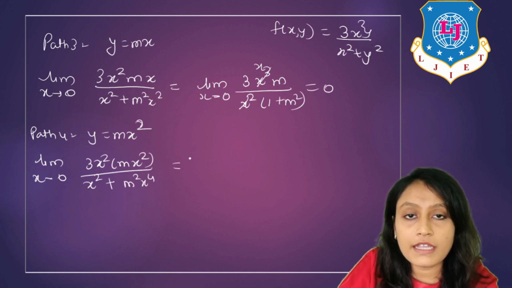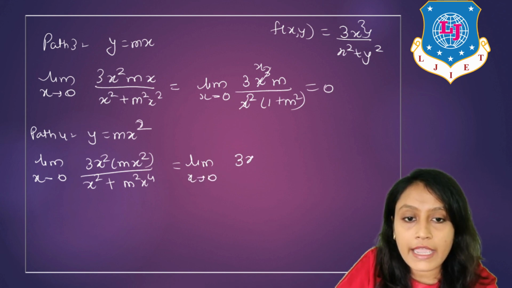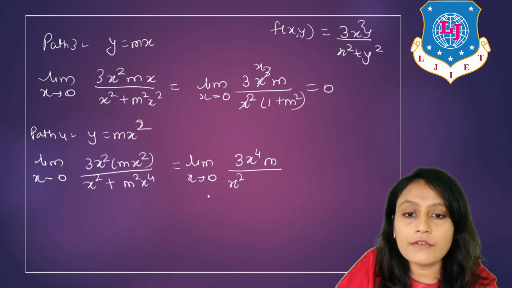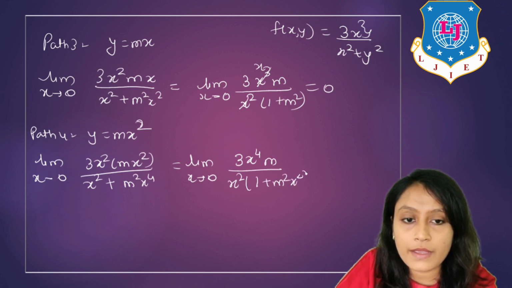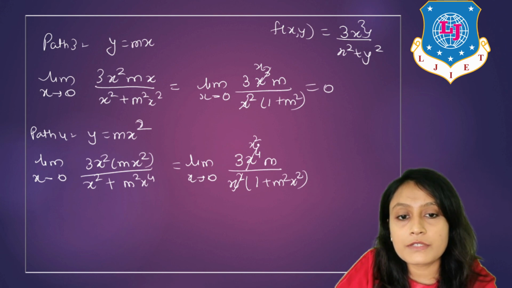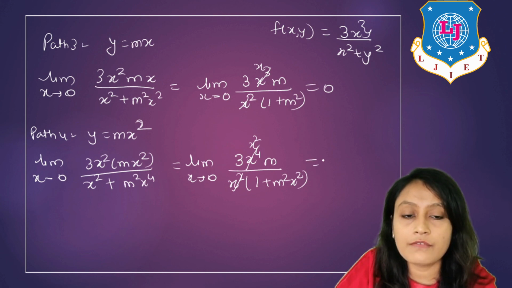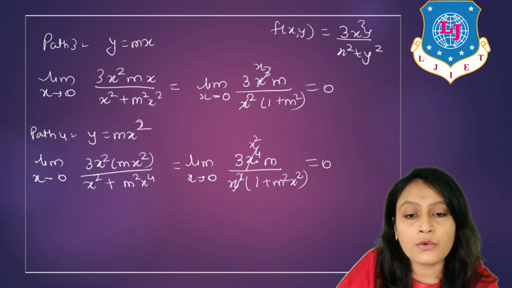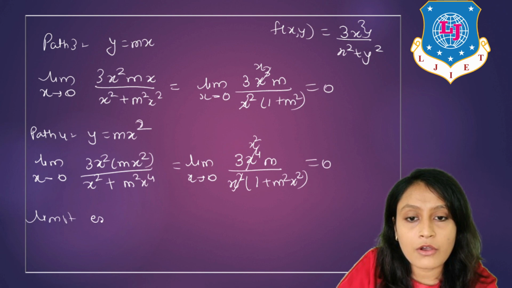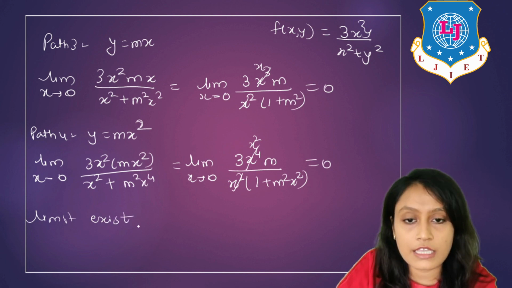Simplifying this, we get limit x tends to 0 of 3x raised to 4 m upon, taking x square common from the denominator, 1 plus m square x square. This x square will get cancelled and we get x square in the numerator. Now if we substitute x equals 0, the numerator will be 0. So we can say that this limit exists because we have the same answer, that is 0.